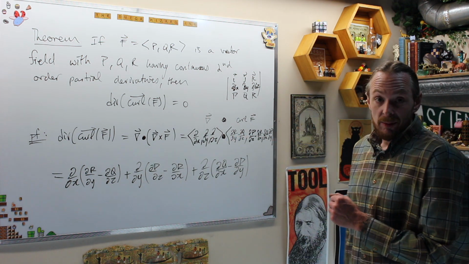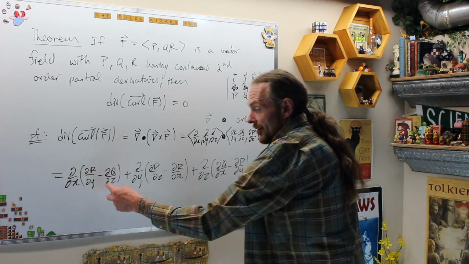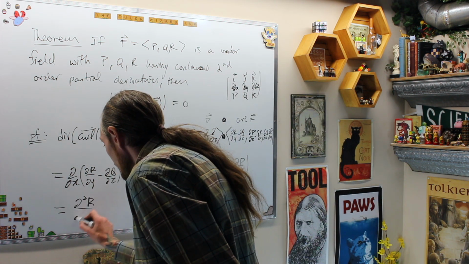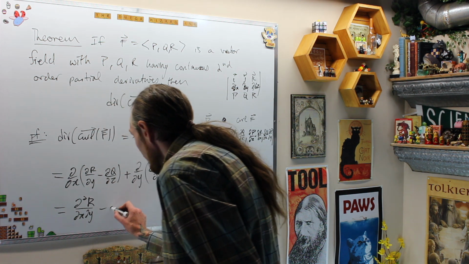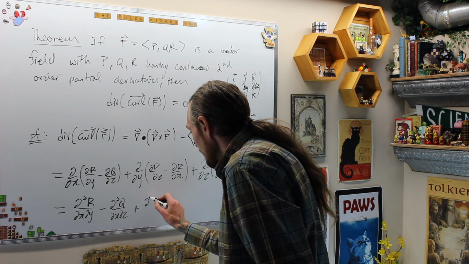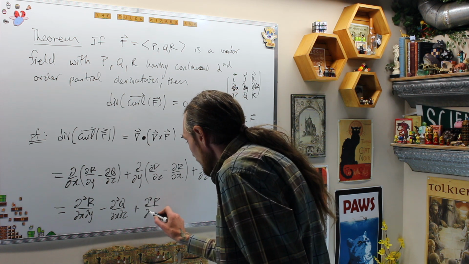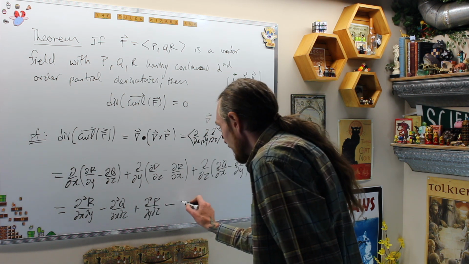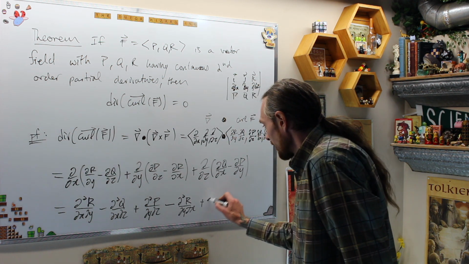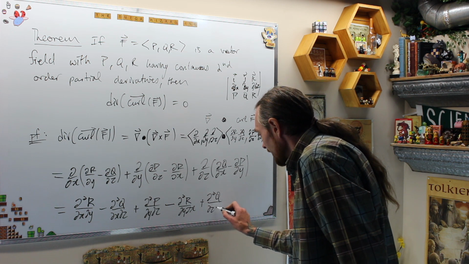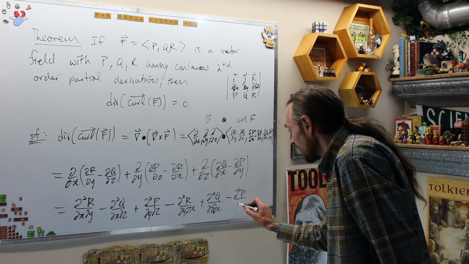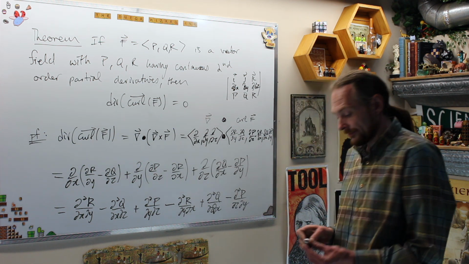It's a linear operator, so we can distribute it across all of these, and I'm going to get what? d squared r dx dy minus d squared q dx dz plus d squared p dy dz minus d squared r dy dx plus d squared q dz dx minus d squared p dz dy.